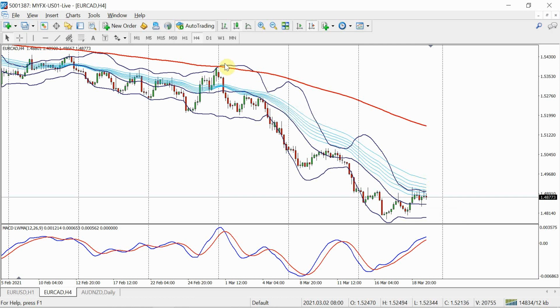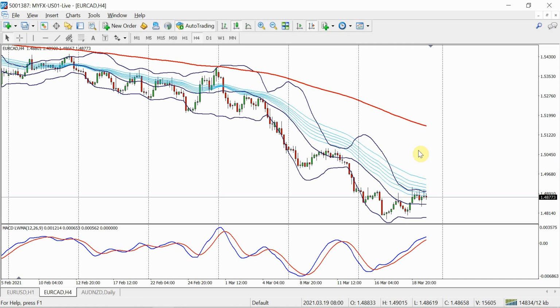It hasn't done that since the beginning of March, late February, especially with the 200 EMA touch as well. And with these blue EMAs, you're starting to see them fan out. When these EMAs fan out, it means the trend is getting stronger, which in our case gives us good signals that price will potentially continue going down.